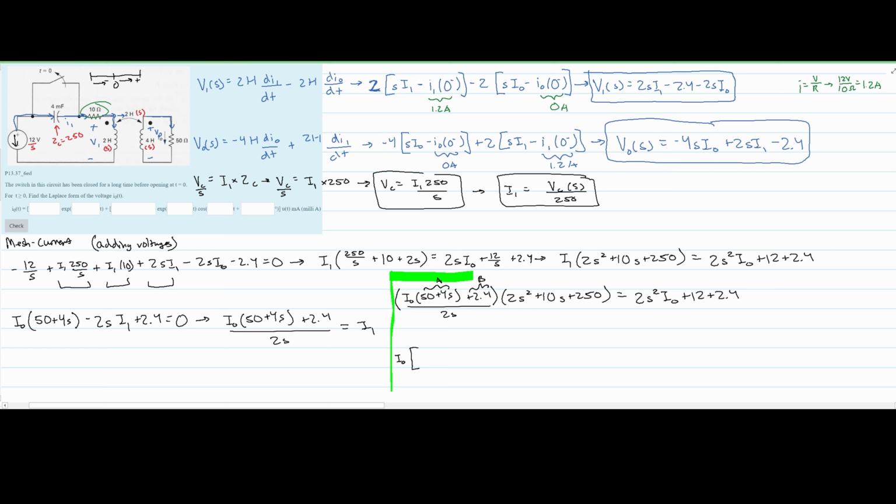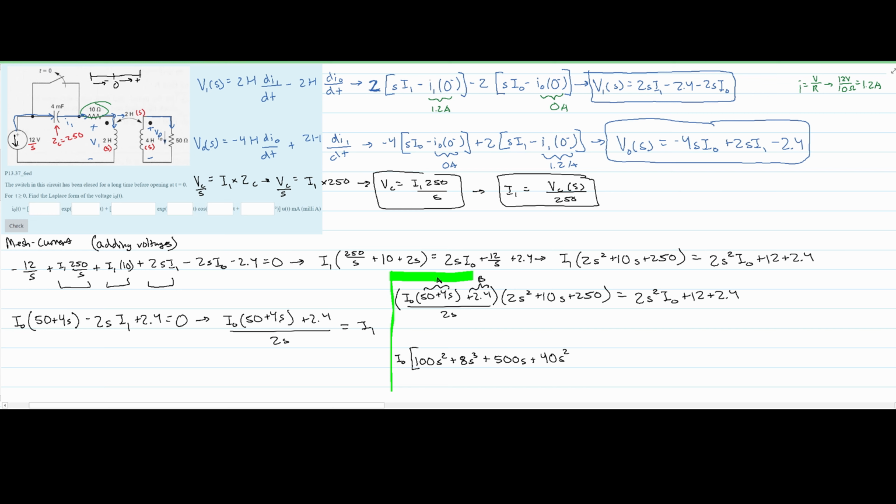But I'm going to just do it like this, and we have a 50 plus 4s being multiplied by this 2s squared. So we are going to have a 100s squared plus 8s cubed. And then we're going to factor it with this 10s. So we're going to have a plus 500s, and then we will have a plus 40s squared.